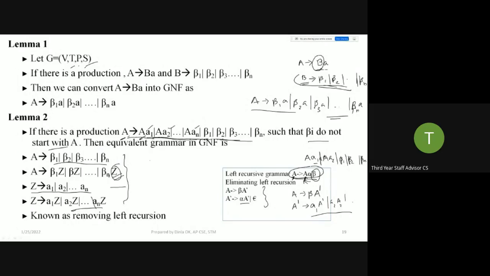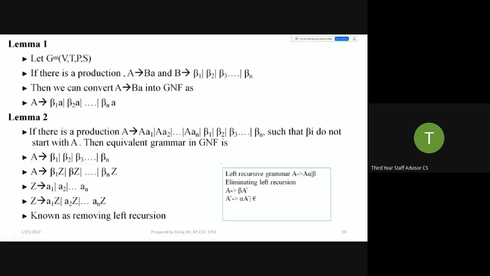So if we have a production, in what form must it be? It must be of the form A implies A a1 or A a2 or etc. A an, or we have a production b1 b2 etc. bn. If it is in this form, we have to introduce a new production Z. In that Z, we give a1 a2 etc. an, along with a1Z or a2Z or anZ.